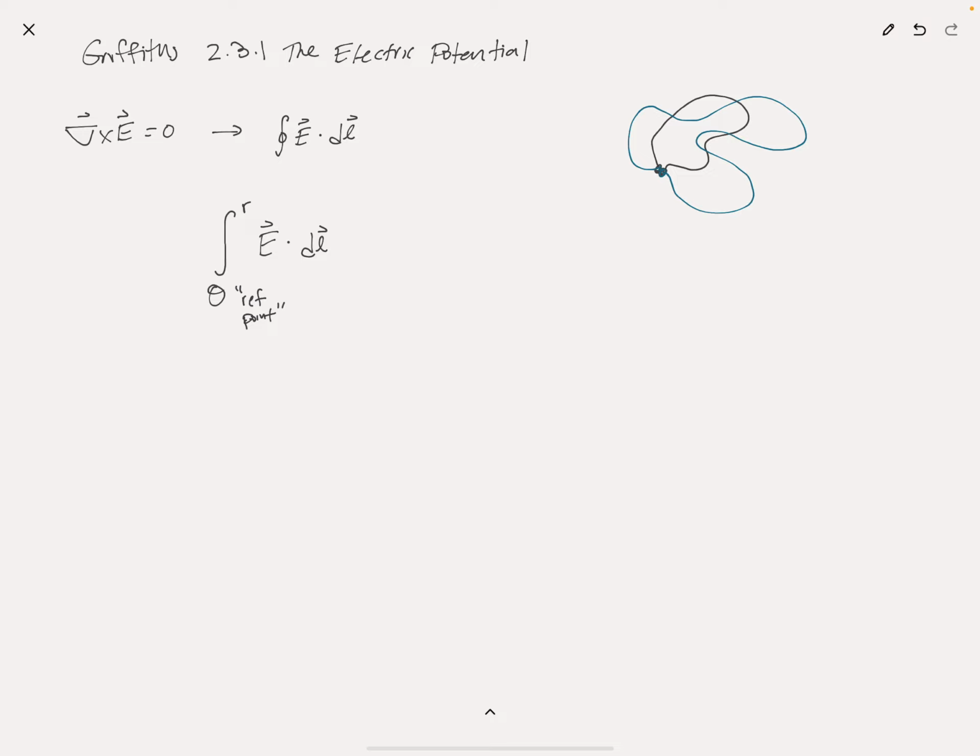This is going to be some single value that's going to depend on where I'm defining my reference point. Okay. I'm going to put a negative sign out front so I can make this definition. This is defined as the electric potential. All right, the electric potential is some path integral from some reference point to a particular point within an electric field. So it's a path integral.